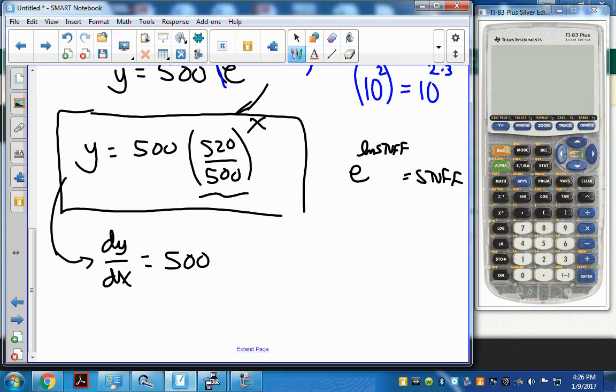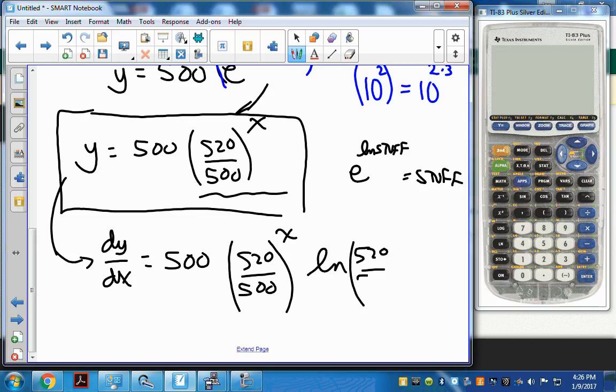This is the exponential part, and we know how to take the derivative of exponentials. You leave the 520 over 500 alone. It's still to the x, but now we have the natural log of the base, which is 520 over 500.